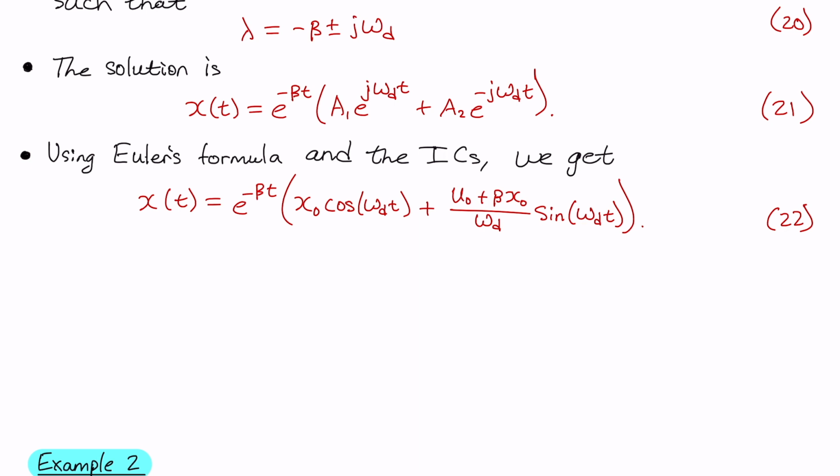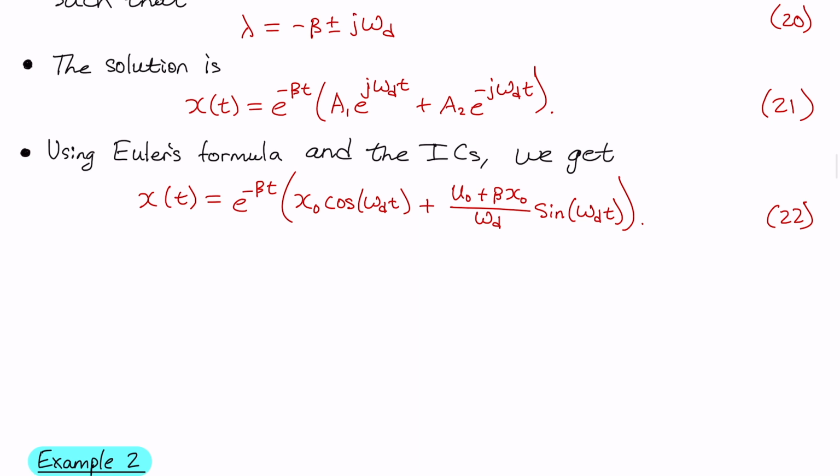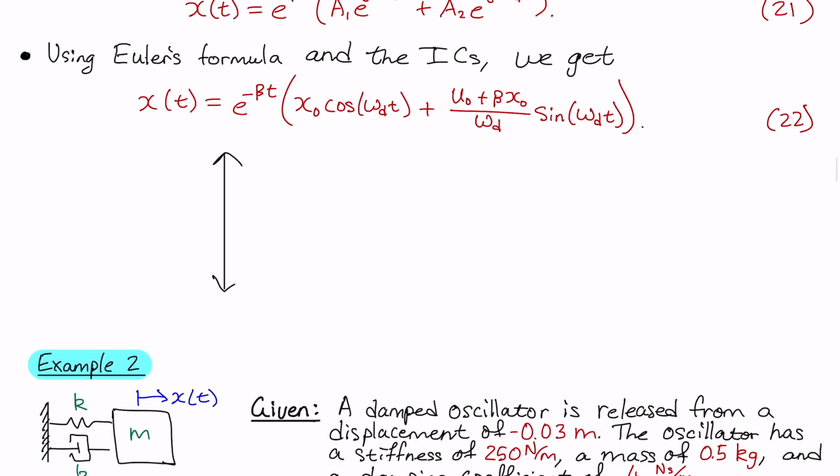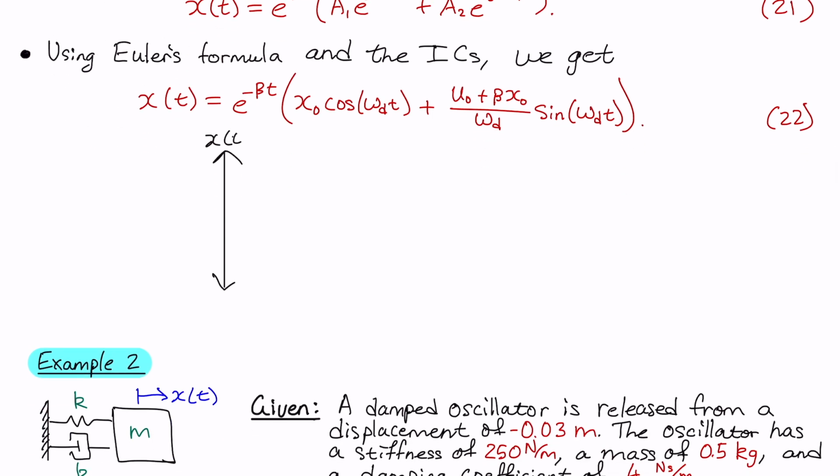I now want to plot an example of what this would tend to look like. Just draw a vertical axis, on which we'll have x of t, and on the horizontal axis we're going to plot time.